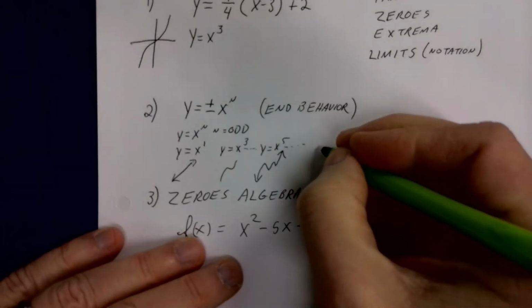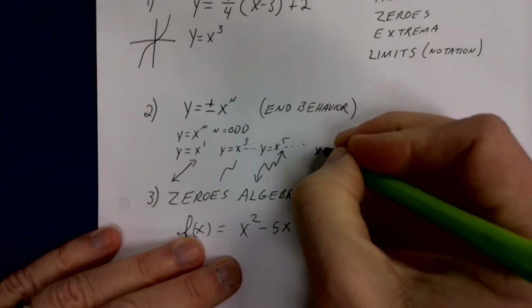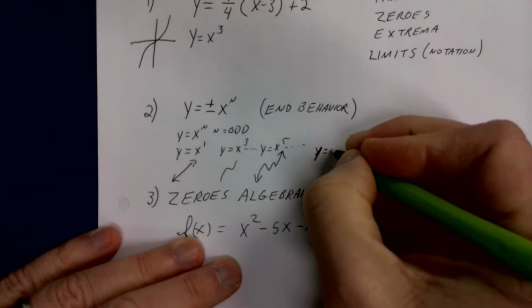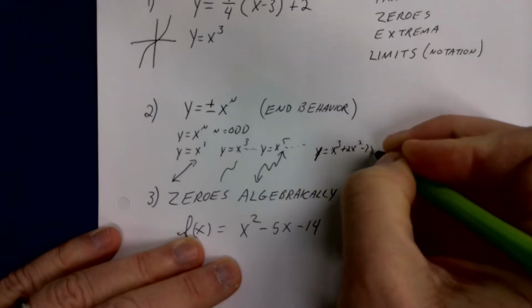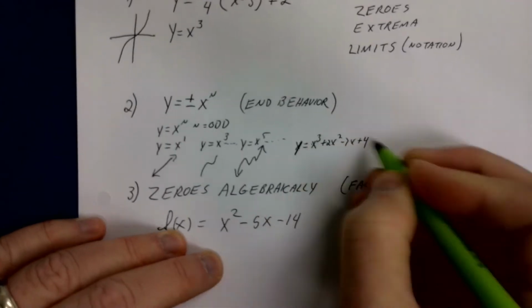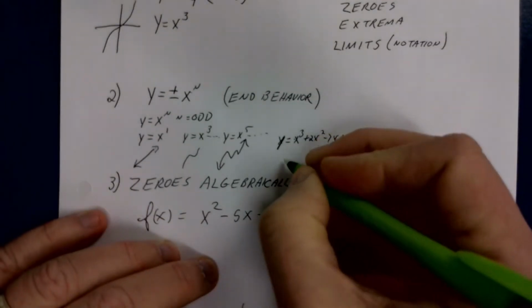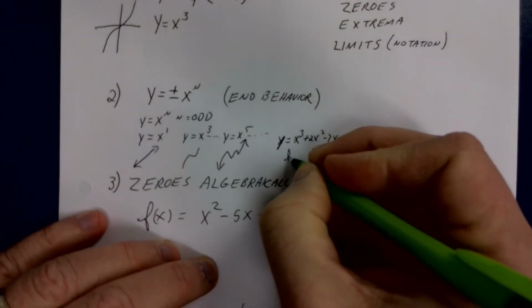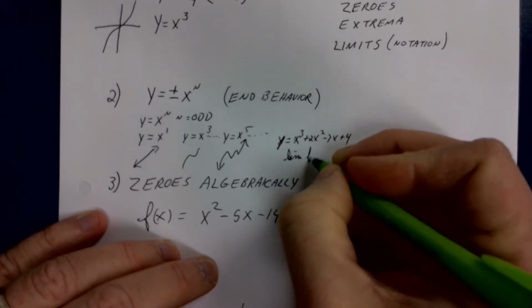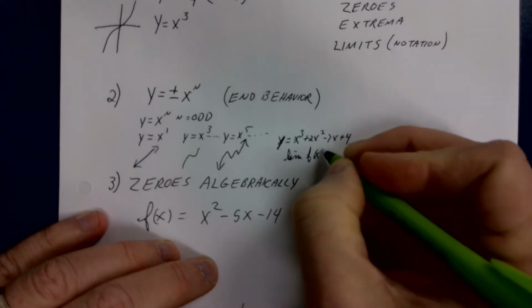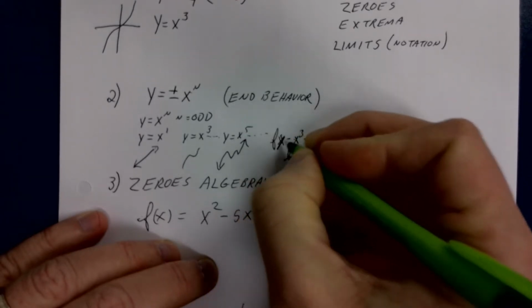So let's take this one, for instance, y equals x cubed plus 2x squared minus 7x plus 4. I know that this stuff's going to do a lot of things to it, but I want to know what is the limit, LIM, of the function. Let me change notation just so you guys have that.